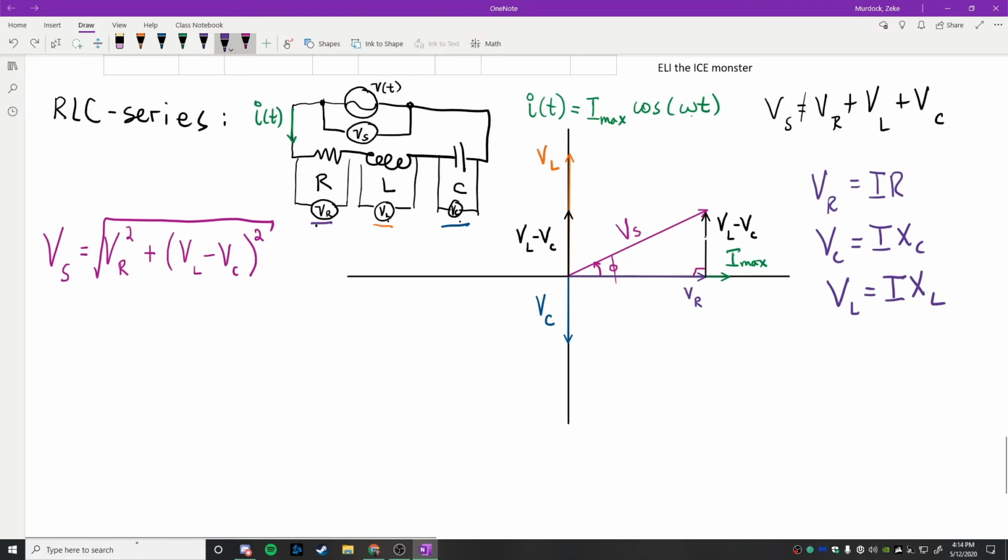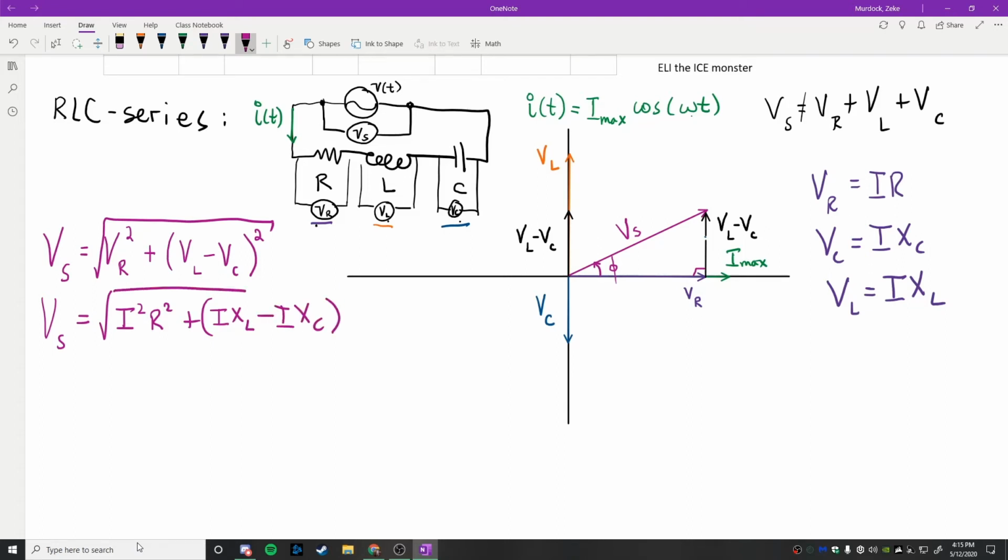So now what we get is that V sub S is going to be equal to the square root of, so V_R is IR, so that's going to become I squared R squared, plus V_L is I times X_L minus I times X_C, and then that whole thing is squared.